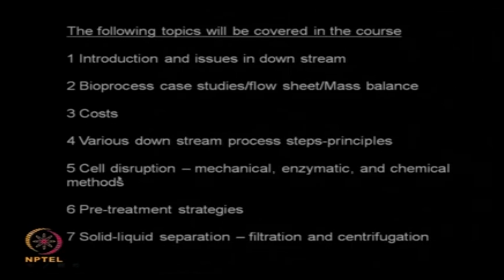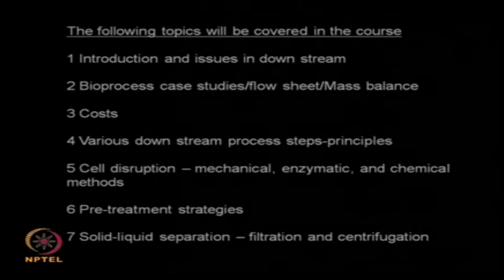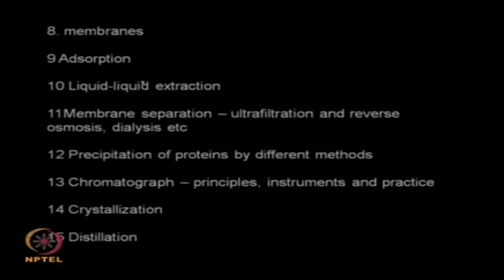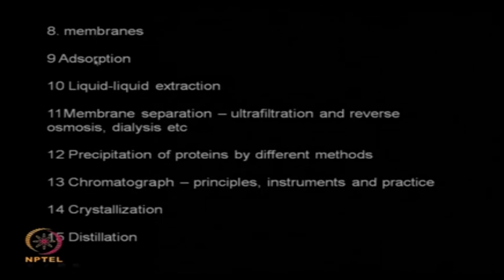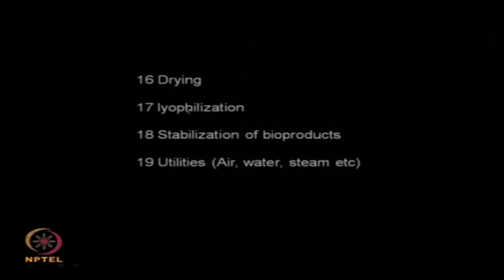So all these we talked about, and in the next course of time we are going to get into serious downstream processing equipment or units: cell disruption, pre-treatment strategies, solid liquid separations like filtration, centrifugation, and then membrane based processes, adsorption, liquid extraction, membrane separations, precipitations, chromatography, crystallization, distillation, and then drying, lyophilization, stabilization of bioproducts.